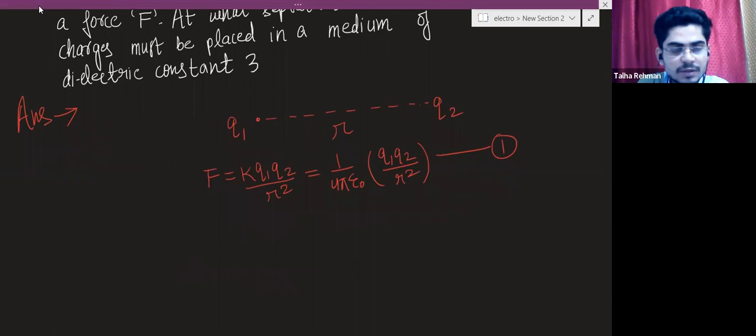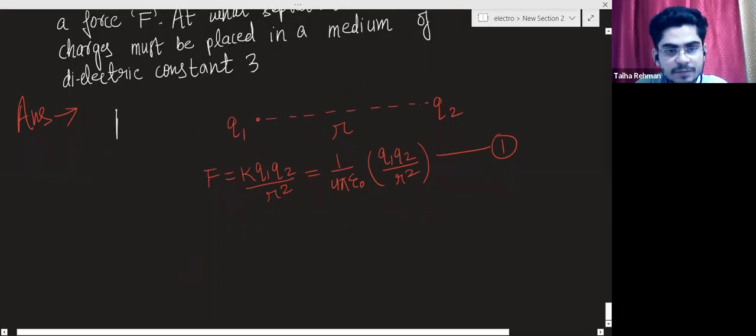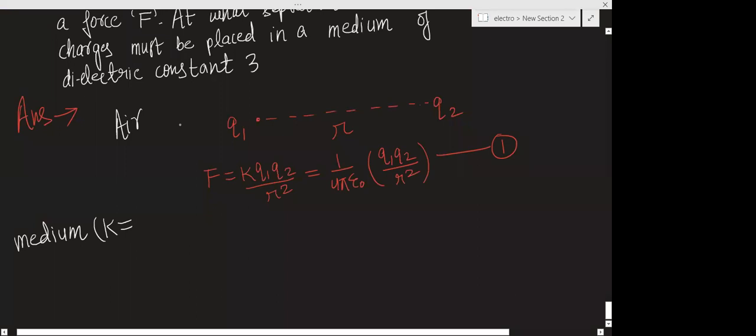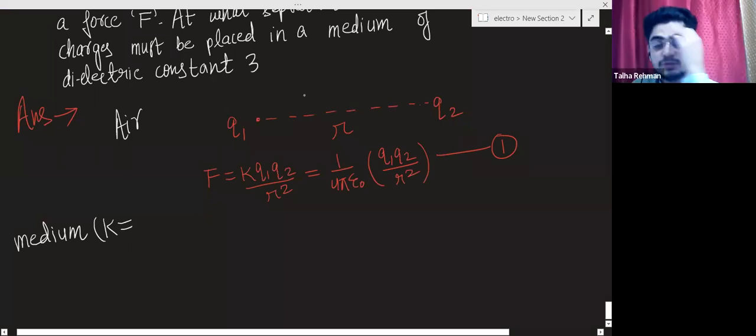Earlier this was in air, now we have to place it in a medium, and we have K for that medium. I have told you these two K's are different. This is the dielectric constant, so please don't get confused with this K.